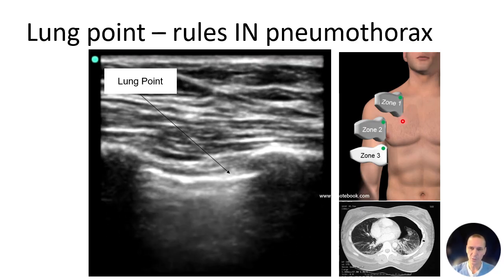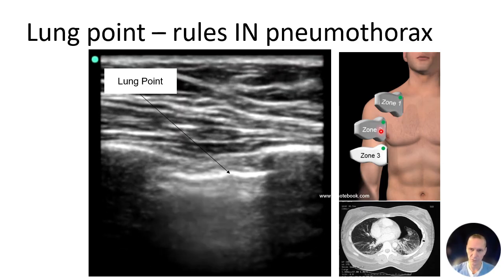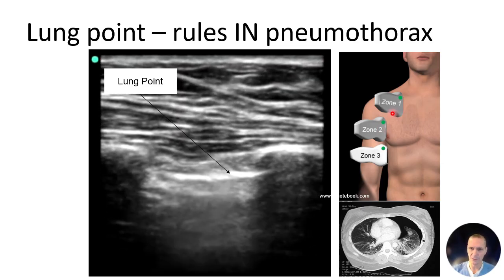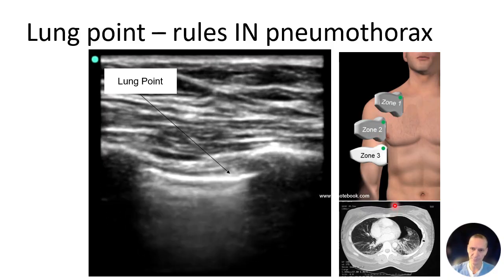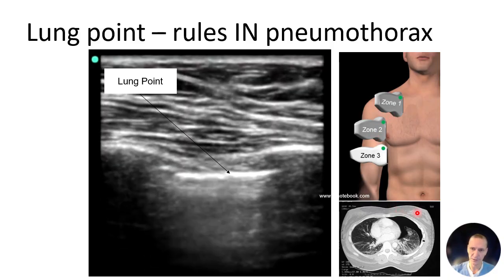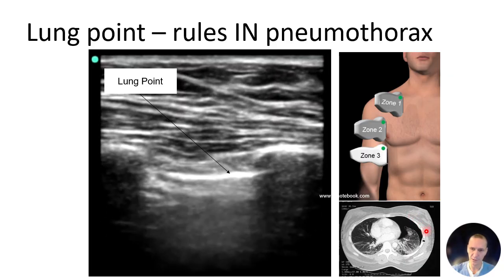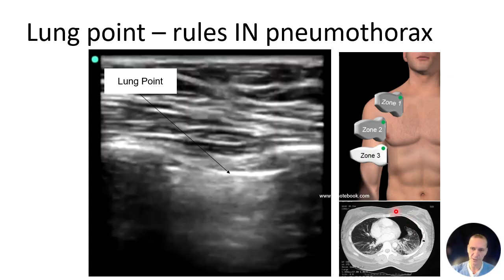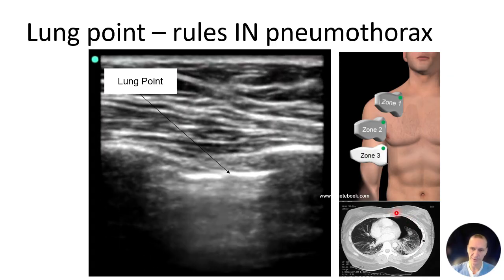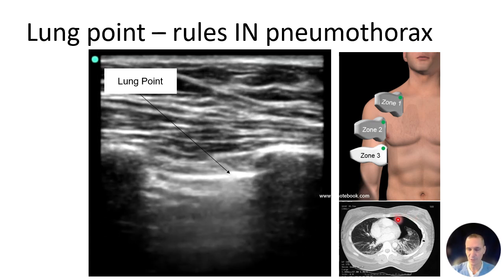The way to try to quantify that is to take it from zone 1 to zone 2. Clinically, you're just going more posterior, and you are saying, no lung sliding here, no lung sliding here, no lung sliding coming from this way. That's a pretty big pneumothorax, versus if you just had no lung sliding here anteriorly, but there was lung sliding here, that could potentially be a smaller pneumothorax.